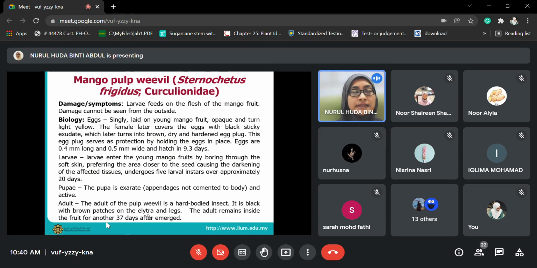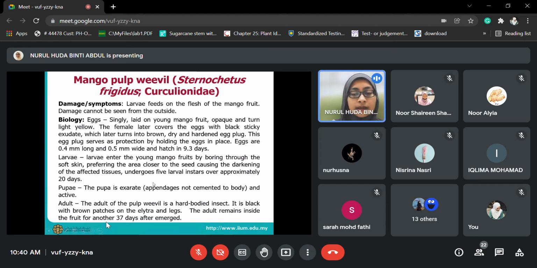And the adult has a very hard body. Usually if you hold it or try to squeeze it, unless you put a lot of force, its body will not break. Otherwise it is very hardened. Most of the curculionids, or most beetles actually, have a very hard body.